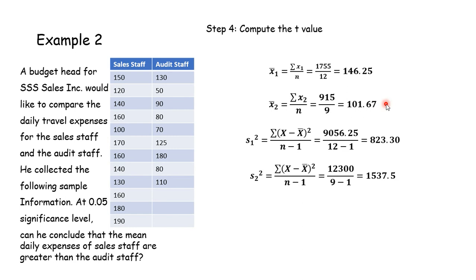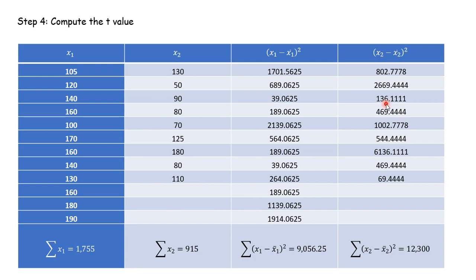Ayan po yung dalawang sample variance na nakuha ko po. Ito yung computation na ginawa ko po para dyan sa sample variance natin. Alam kong very challenging kapag hindi po given yung sample variance and then the sample mean, kasi we need to create this kind of table po mga anak.